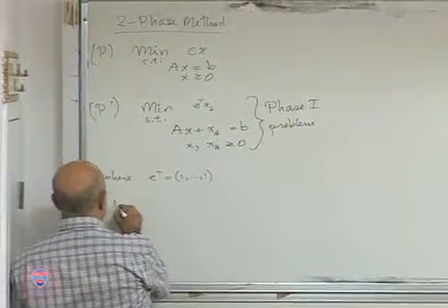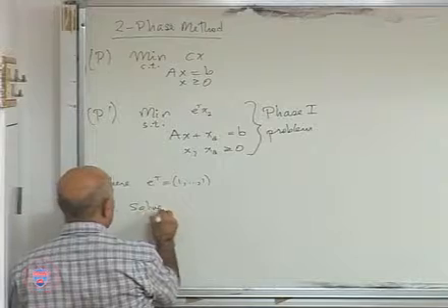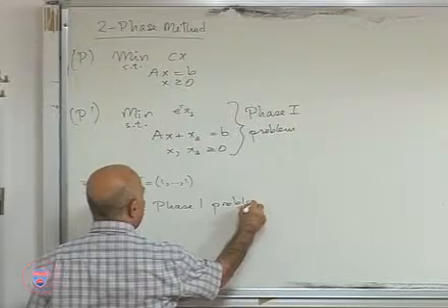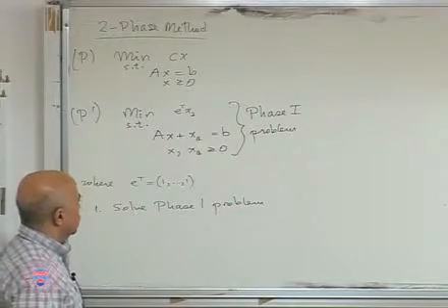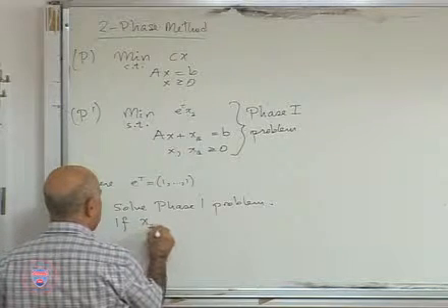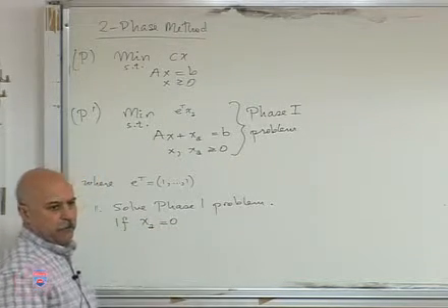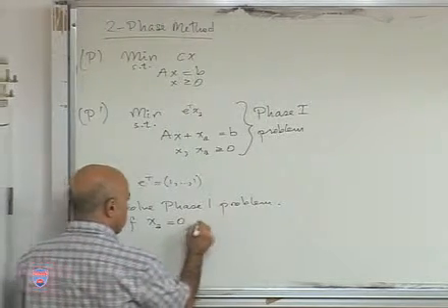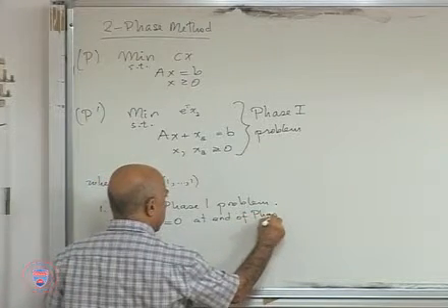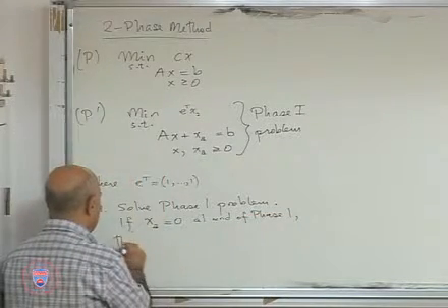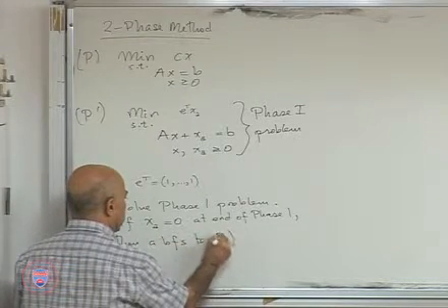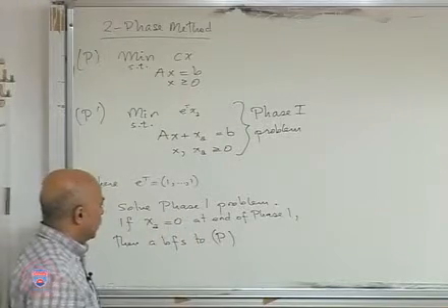So the algorithm goes as follows. Solve the phase 1 problem, the minimization of the artificial variables. If xa is equal to 0, all artificial variables are 0 at the end of phase 1, then a basic feasible solution to the original problem, as well as, of course, to P prime, is at hand.